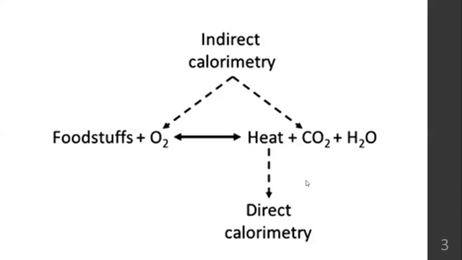So now, based on whatever is produced, you will find out how many calories are being burnt. If you take the heat factor, the amount of heat a food can generate along with oxygen, and you only look at this heat, you are performing direct calorimetry.